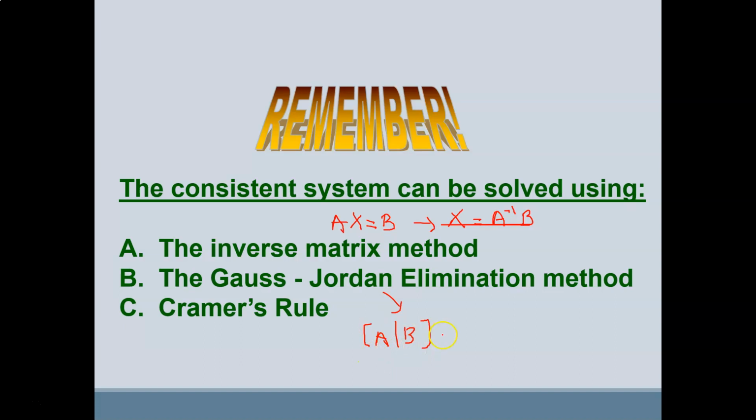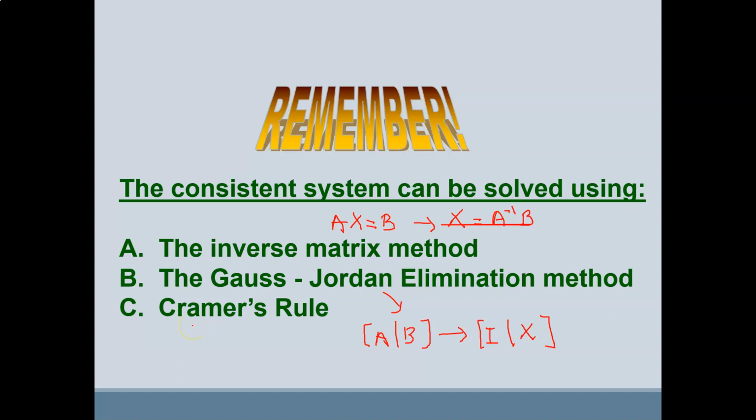This is the augmented matrix. When you reduce it, it becomes the reduced augmented matrix, or what we call RAM. The left side becomes the identity matrix, and the other side is the solution matrix, where we get the answer. That is Gauss-Jordan.